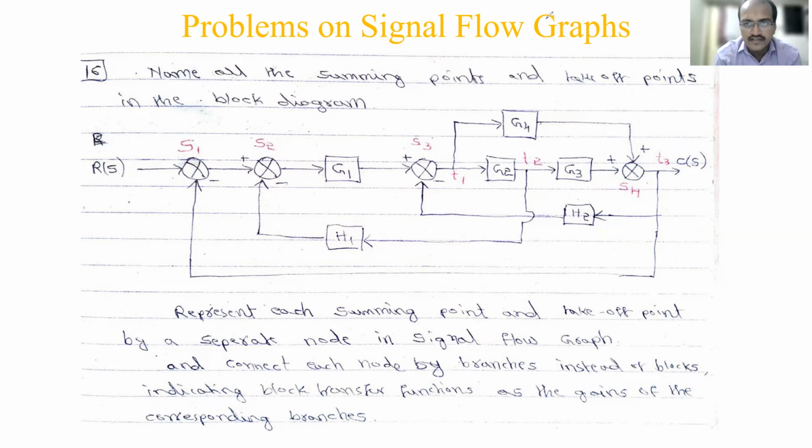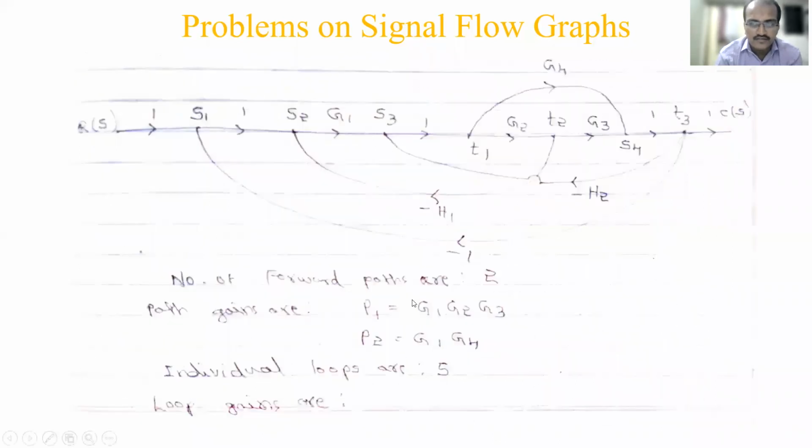Once I send the notes, you can write down the steps and then you will understand it. You just have to analyze it. So this is the final signal flow graph you have here. S3 to T3 minus H2 jumper I have shown. T2 to S2 minus H1 and then T3 to S1 minus 1. So now this is your new signal flow graph.